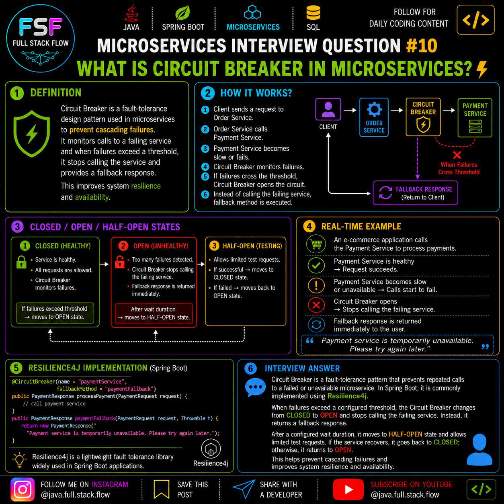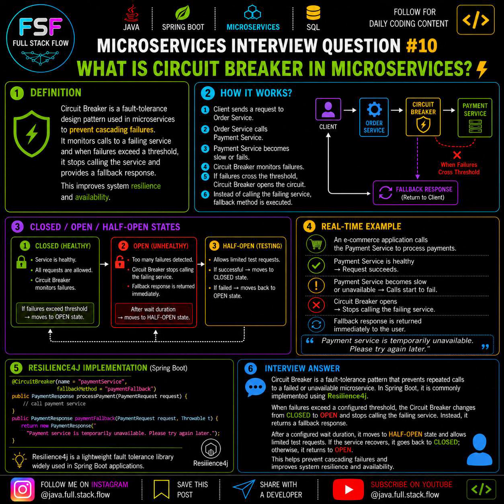Now that we understand the concept and real-time example, let's see how we implement circuit breaker in Spring Boot. In Spring Boot, we commonly use Resilience4j to implement the circuit breaker pattern. For example, we can use the @CircuitBreaker annotation. Please check example code here. The @CircuitBreaker annotation tells Resilience4j to apply circuit breaker behavior to this method.